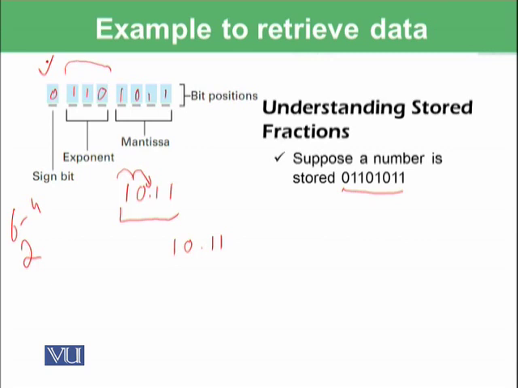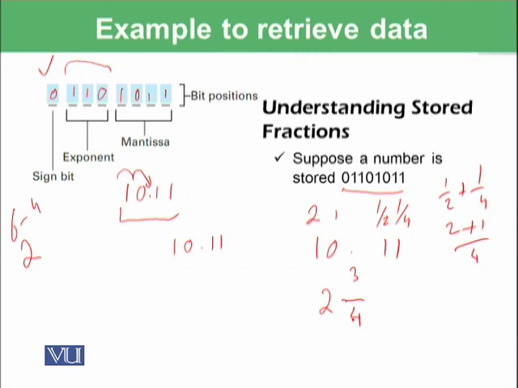You already know what 10.11 represents. This is 1 by 2, this is 1 by 4, this is 1, and this is 2. So 2 plus 1 by 2 plus 1 by 4 gives us 2 and 3 by 4. So 2 is the whole number, and 3 by 4 is the fractional part.